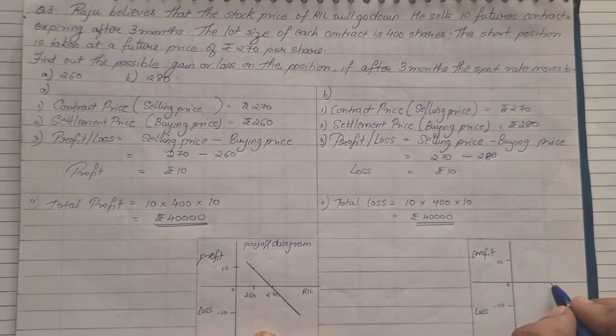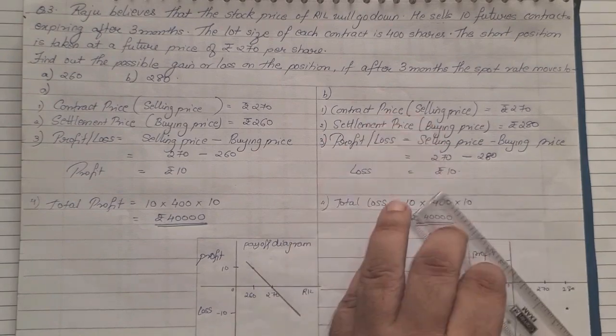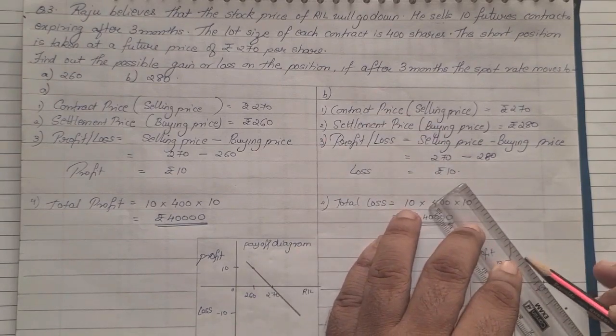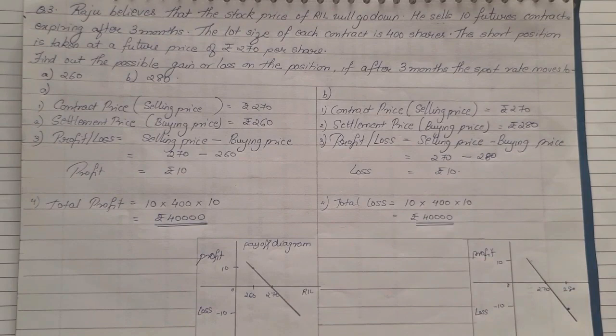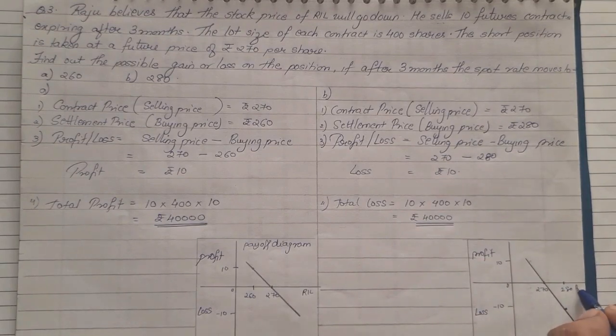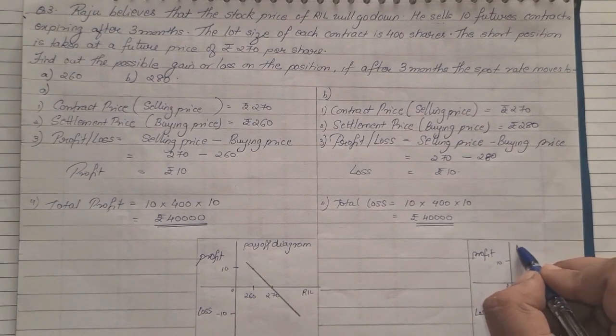Now my contract price was 270, but my settlement was 280. On my settlement date, we made a loss of 10, so I'm marking that point. From that point, we will be drawing a curve passing through the contract price, and that is nothing but a payoff diagram.